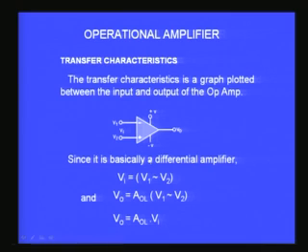So, if I want to understand the transfer characteristics of the amplifier, all that I have to do is vary Vi and look at what happens to Vo and draw a graph between Vi and Vo. That graph will correspond to the transfer characteristics between the input and the output.